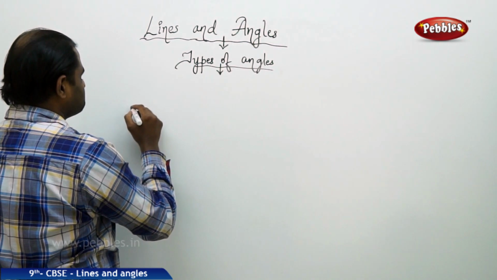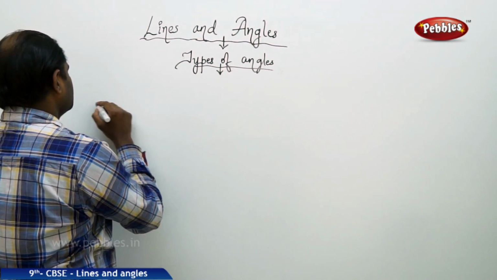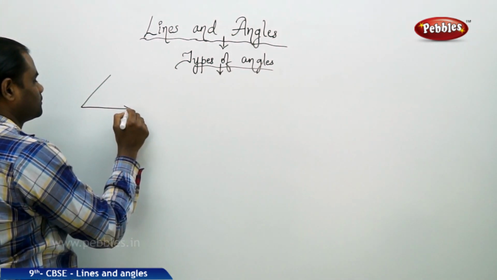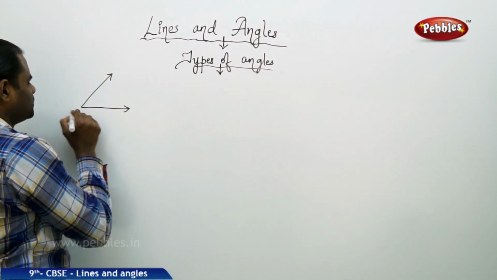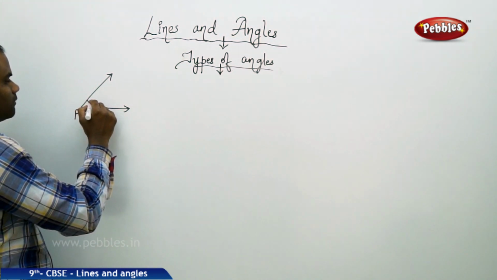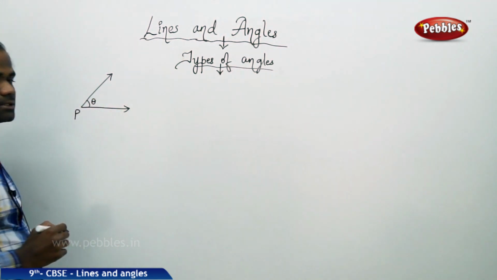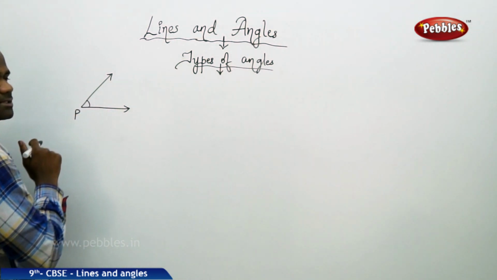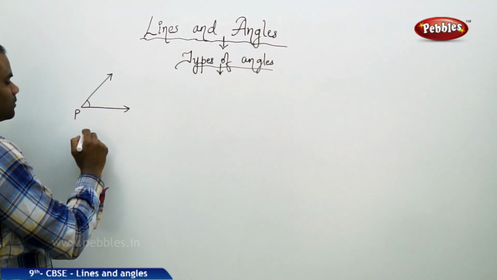In the first case, passing from P, I clearly see that this angle, if I represent with theta, is less than 90. So any angle which is less than 90 is called an acute angle.